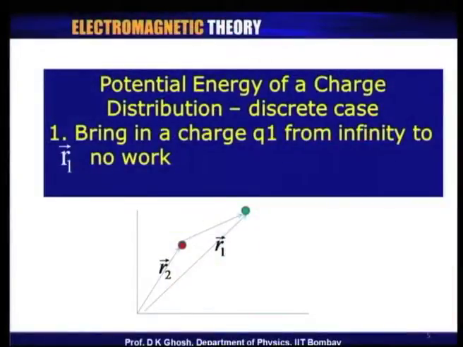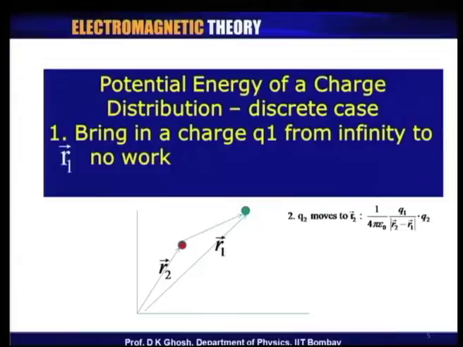In order to make sure that the charge comes and is located at the point r 2, we, meaning the external agency, have to do work to overcome this force. I already know the electric field, because it is due to the charge q 1.